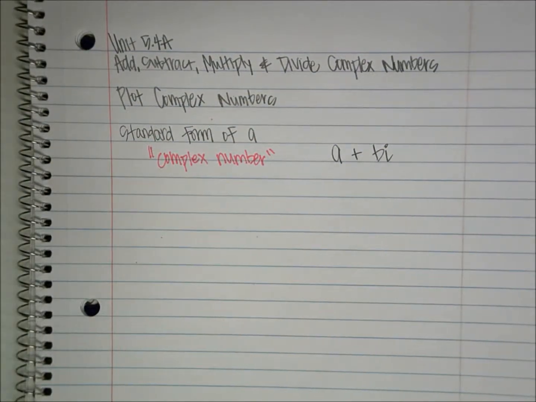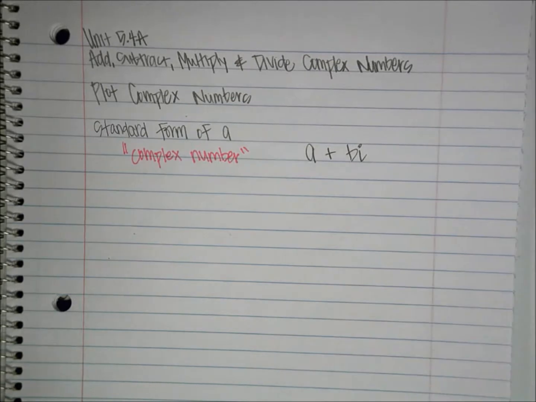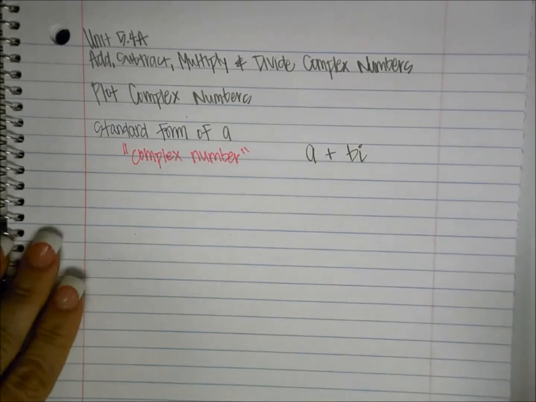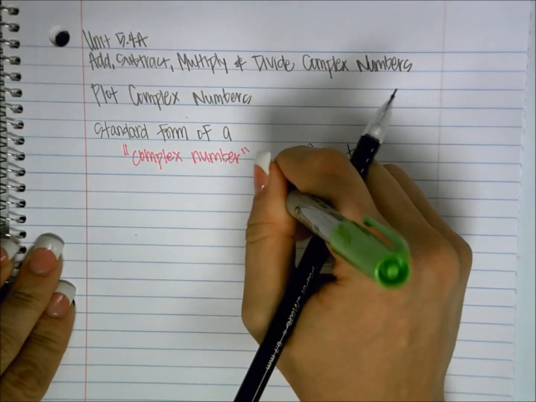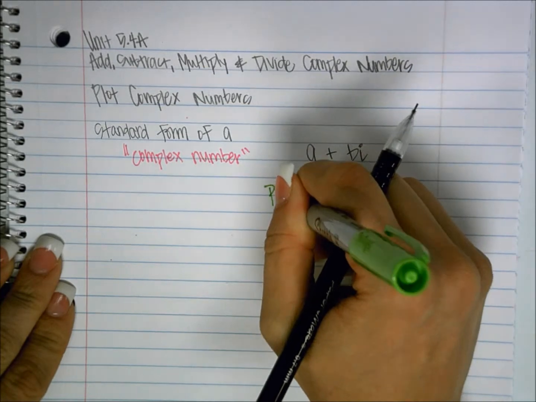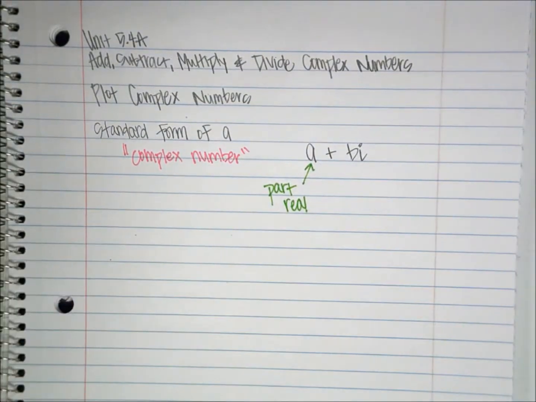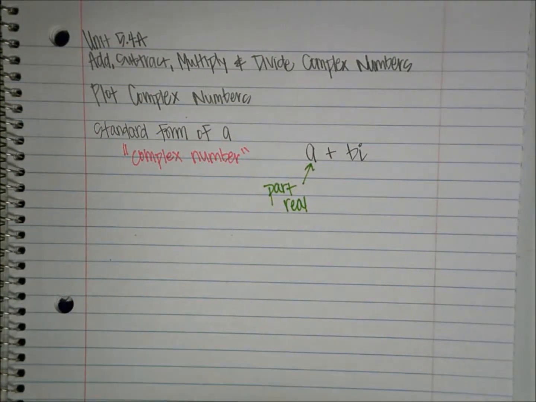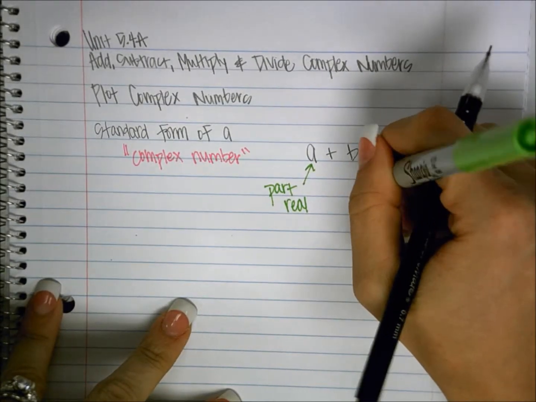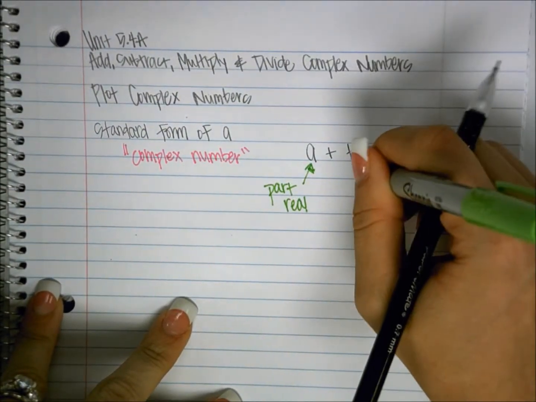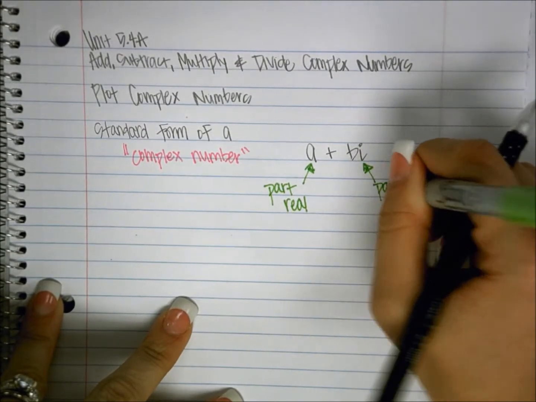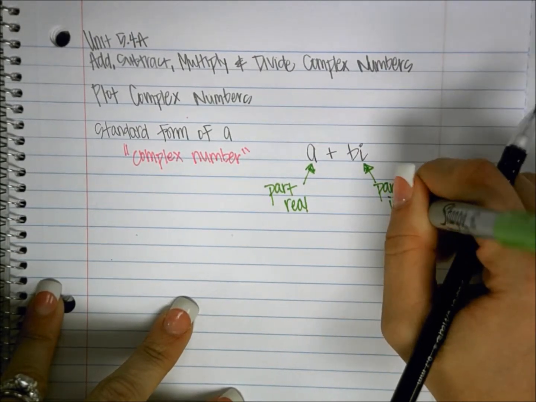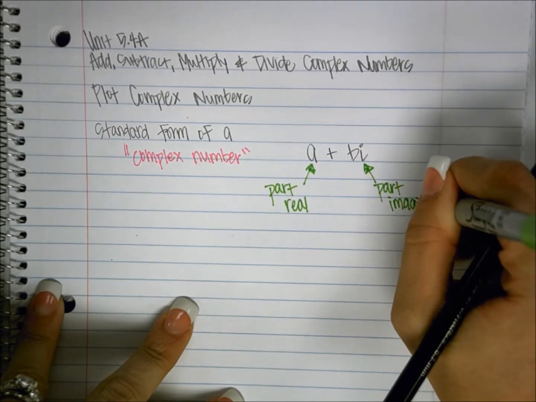If you remember back to quadratic equations, A, B, C just represent numbers. In A plus Bi, the A portion represents the part of a complex number that is real. So a complex number is partially real and partially imaginary. The A portion is just like a whole number. That's the real part. And anything attached to an i represents the part that is imaginary.